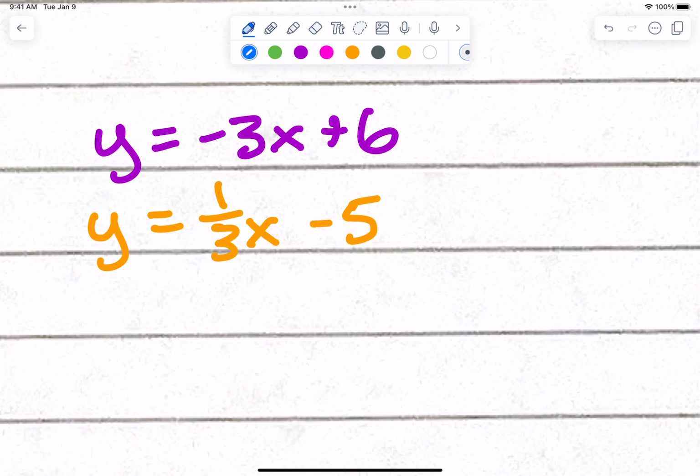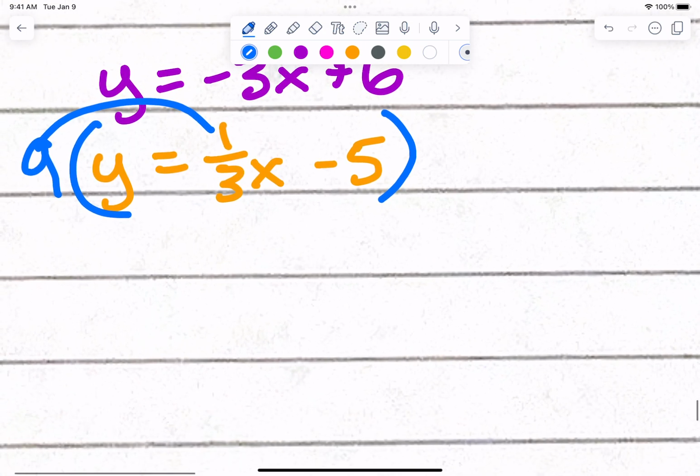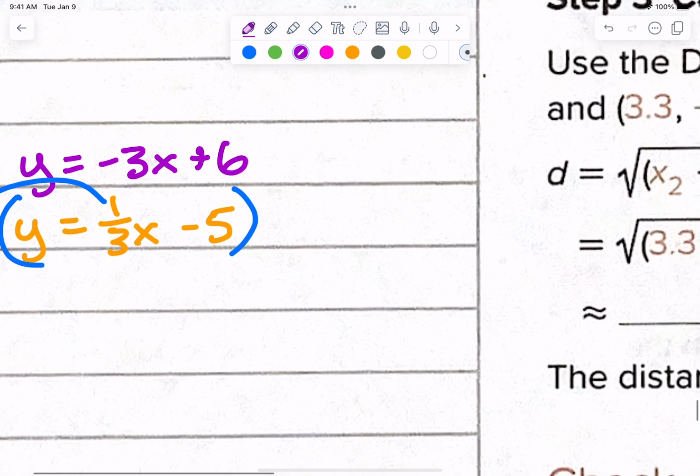This one's -3 and this one's 1/3. If I multiply this guy by 3, it will make him 1. So what do I have to multiply him by in order for him to become -3? 9. Do you see that? If I multiply this bottom equation by 9, 9 times 1/3 will make 3. Does that make sense? So he now is going to stay y equals -3x plus 6.